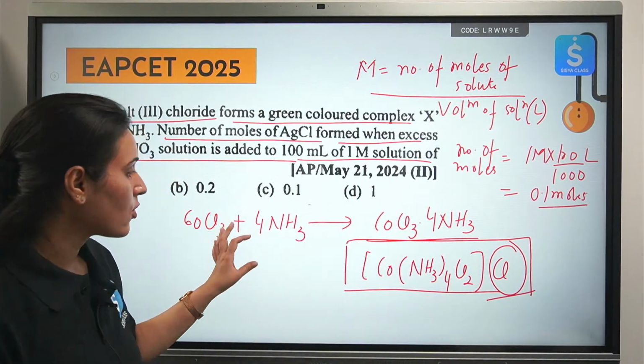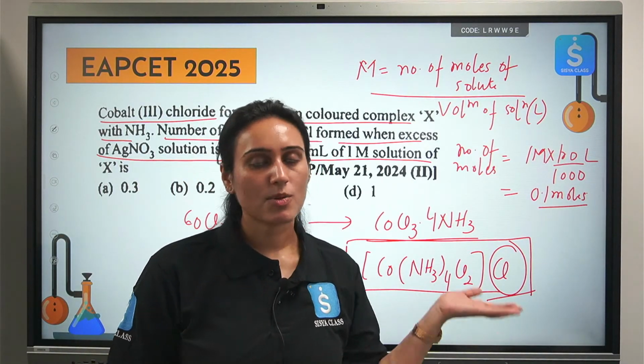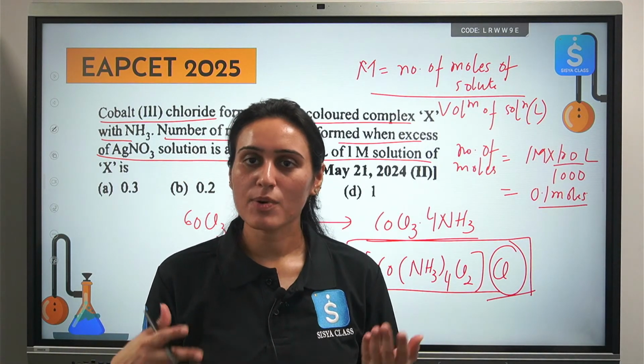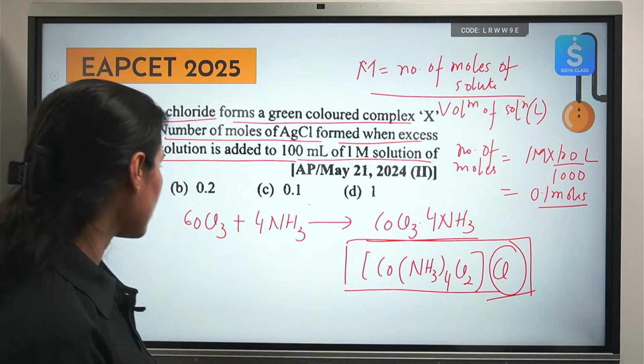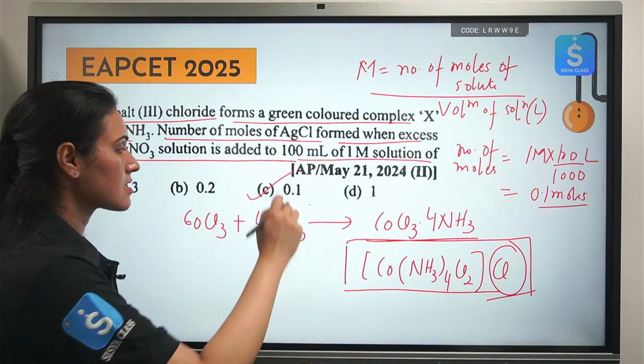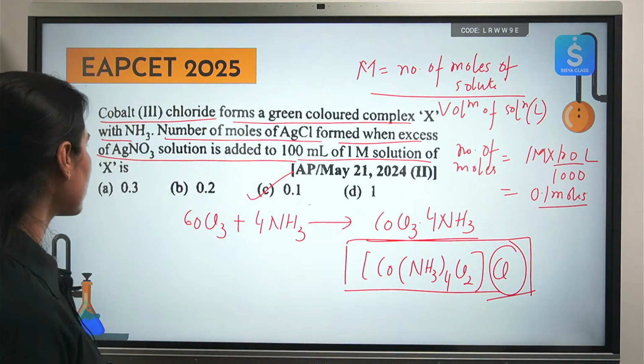So if 1 mole of the complex gives you 1 mole of chloride ion, then 0.1 mole of the complex will give you 0.1 mole of chloride ion. Simple unitary mathematics. So your correct answer is option C. 0.1 moles are produced. See the next question.